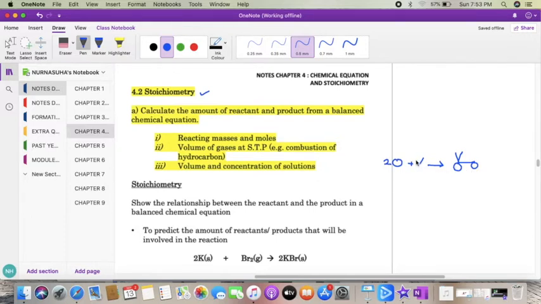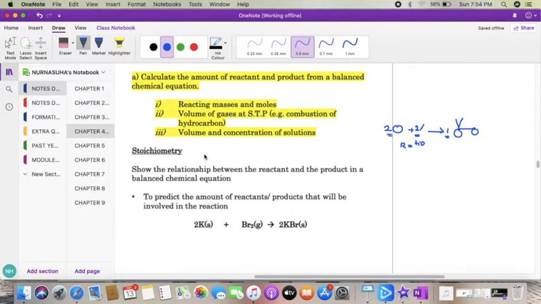Maksudnya kat sini you perlu ada dua handle, barulah you boleh hasilkan satu basikal. So, dua tayar, dua handle, satu basikal ni adalah stoichiometry, atau bahasa mudahnya adalah ratio of reactants to the product.